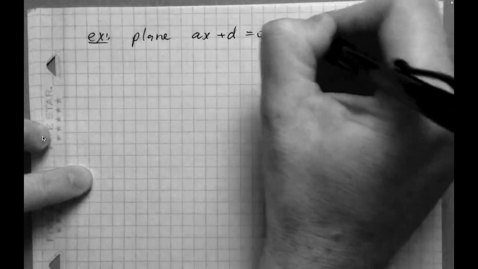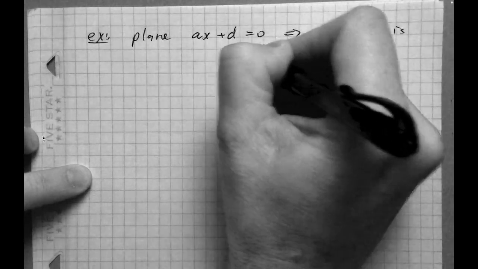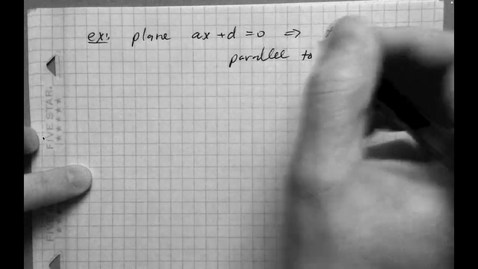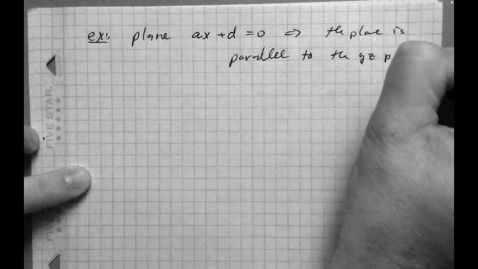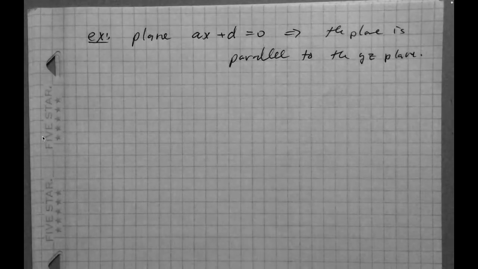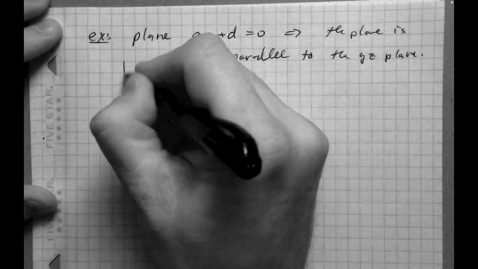This implies the plane is parallel to the yz plane. It's not going to intersect the y-axis, and it's not going to intersect the z-axis, right?